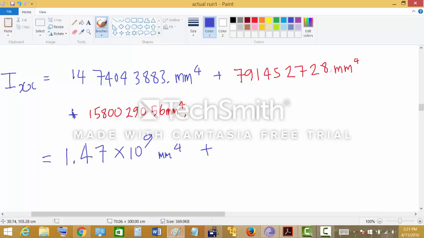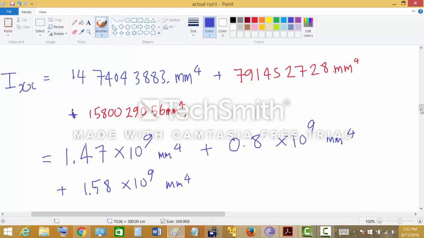plus 8 times 10 to the 9. And plus 1.5 times 10 to the 9. Add them together.